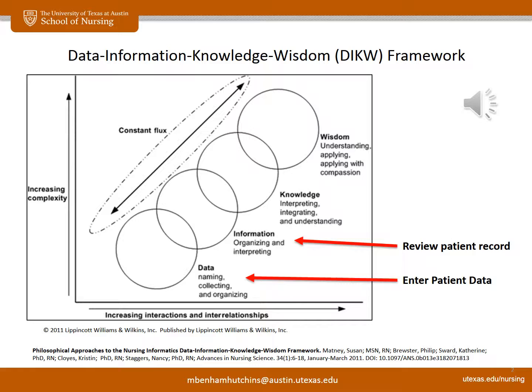So when we are focusing on data entry and reviewing the patient record, we are actually focusing on the two lower levels of this model: data, that is the naming, collecting, and organizing of patient data, and information, which is organizing and interpreting. This happens when they review the patient record, and the data happens when they enter patient data for documentation purposes.